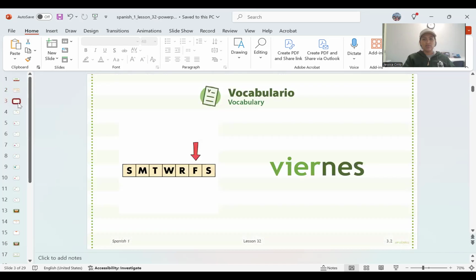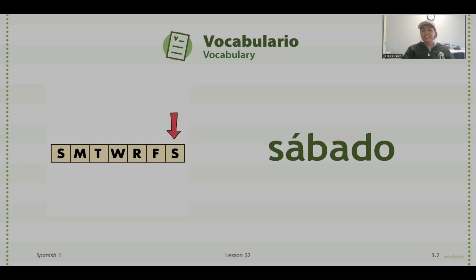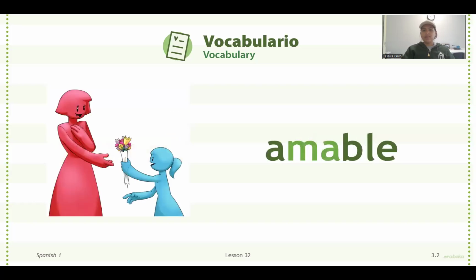And then continue here. We're going to continue with the vocabulary words now from the last 10. The last 10 there, I think it's 21 to 30, or the last 9. Repeat after me, okay? Viernes. Sábado. Amable.